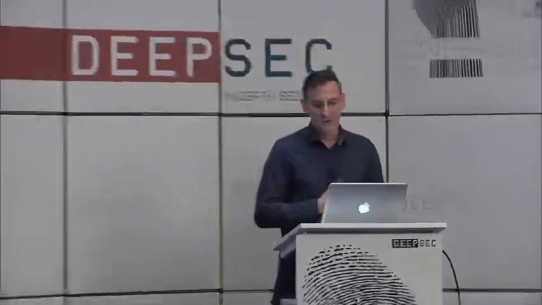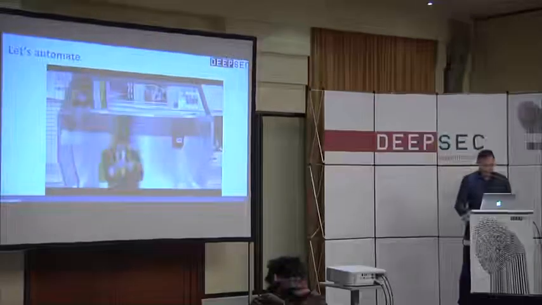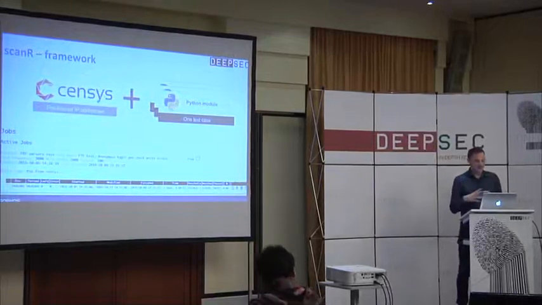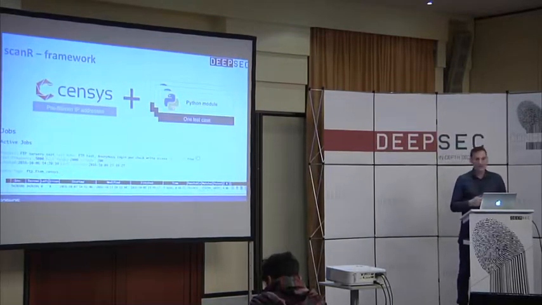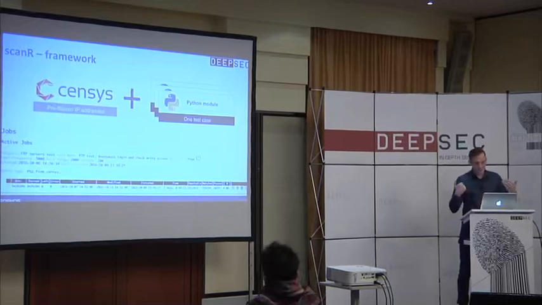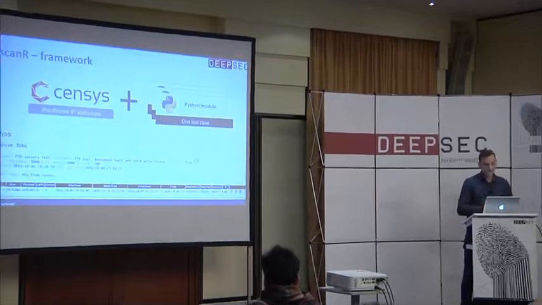Then we had to figure out how to speed up this process, because it was very difficult to get the data, do the tests, and collect the results. So we developed a system called Scanner, where you can pose a question. In this situation, the question is: give me all the IP addresses relating to FTP services.